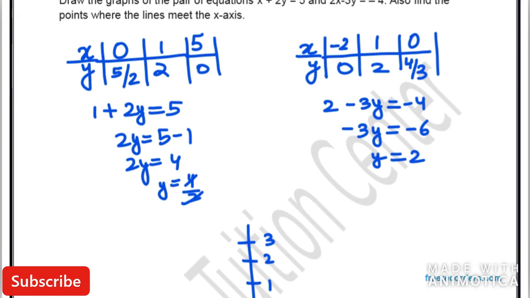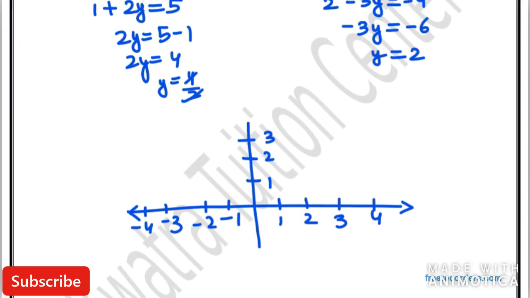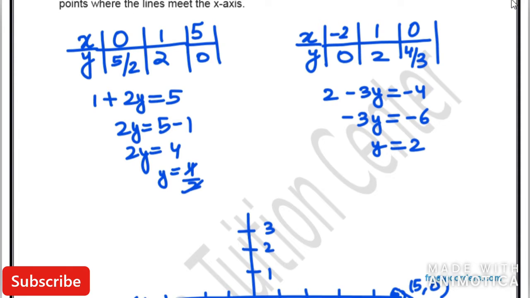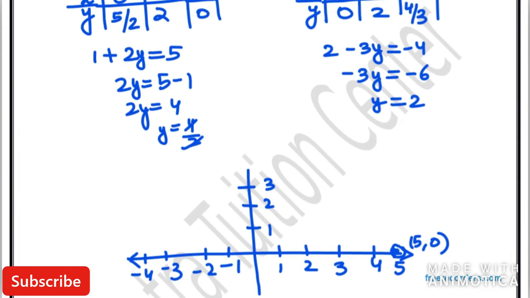So my first point will be 5 comma 0. That will be on the x axis. This is my first point, 5 comma 0, for equation number 1, mind you. Now in the second one, I would be putting 1 comma 2. 1 comma 2 would be somewhere here. And if I take the value 0 comma 5 over 2, that is 2.5. So it will be somewhere here.